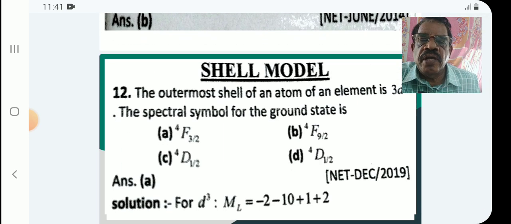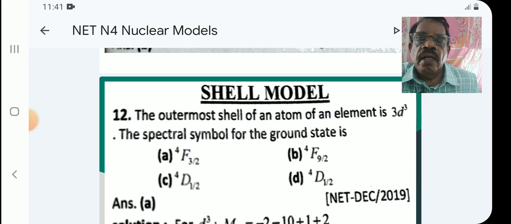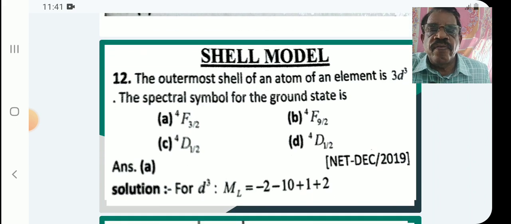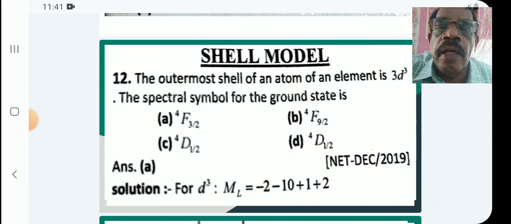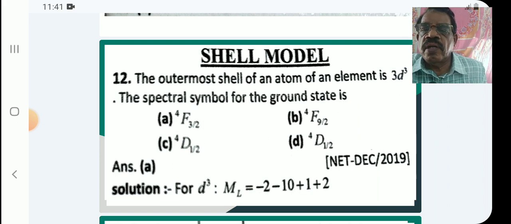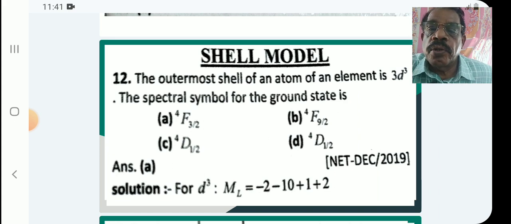Now comes a shell model question. The outermost shell of an atom of an element is 3d cubed. The spectral symbol for the ground state is asked. The atomic state is given, and we have to write the spectral notation. The options are 4F 3/2, 4F 9/2, 4D 1/2, and 4D 1/2.